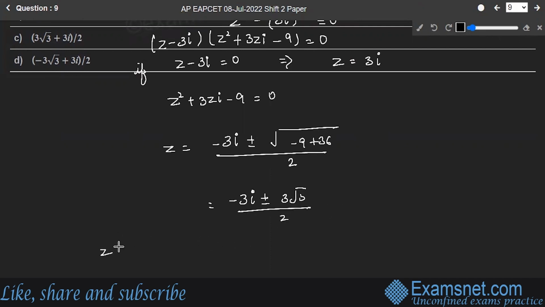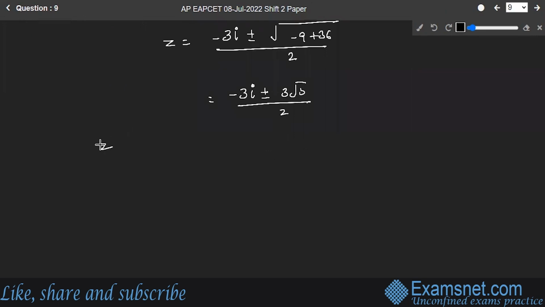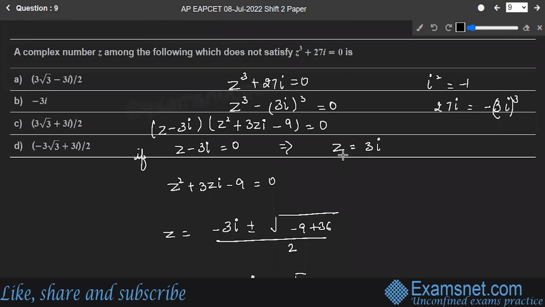So the z can have two values, which is 3 root 3 minus 3 iota upon 2 or minus 3 root 3 minus 3 iota upon 2. These are the two values of z which are possible.